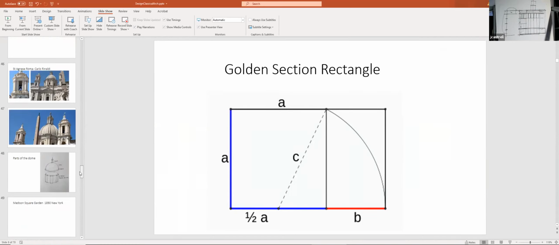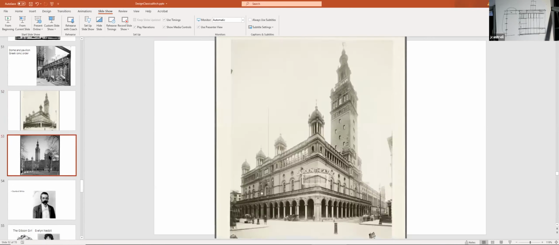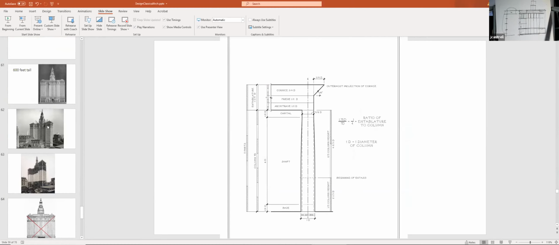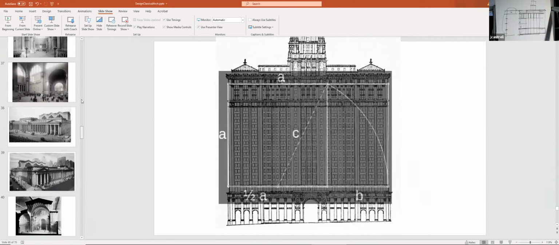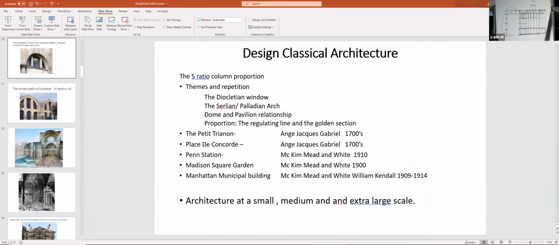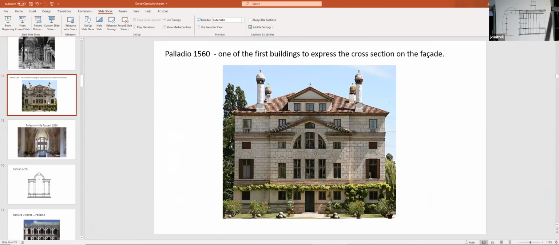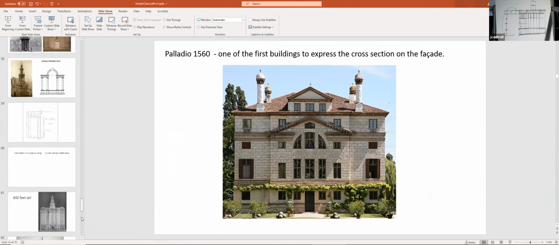It's relative to any sort of scale, proportion, any size of the building. So if you look at the earlier lecture, we've taken some very simple themes and variations, the Dictation Window, the Versailles arch, the Palladian window, and mixing them into a much larger composition.